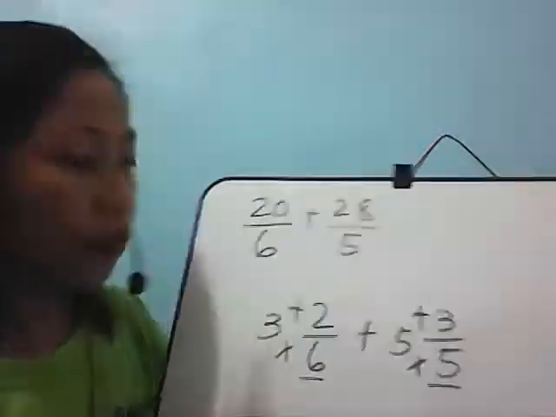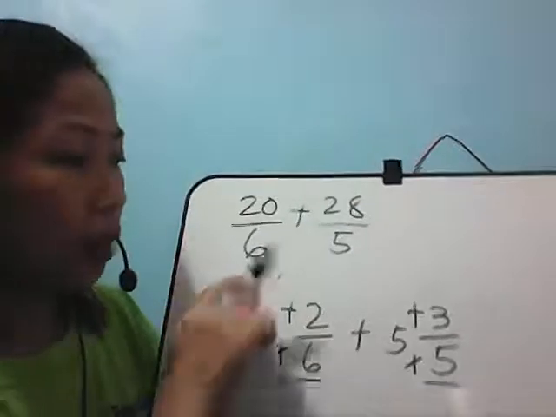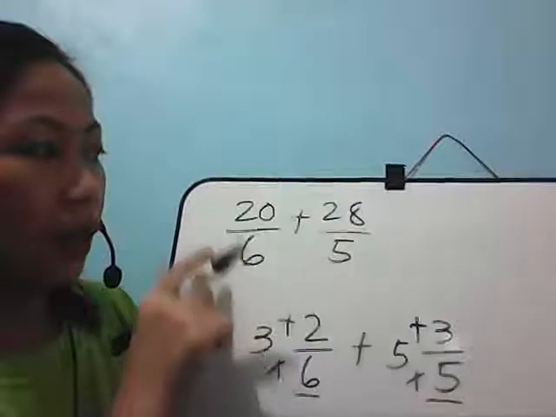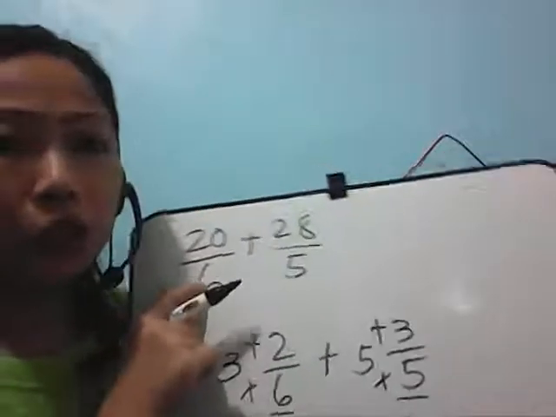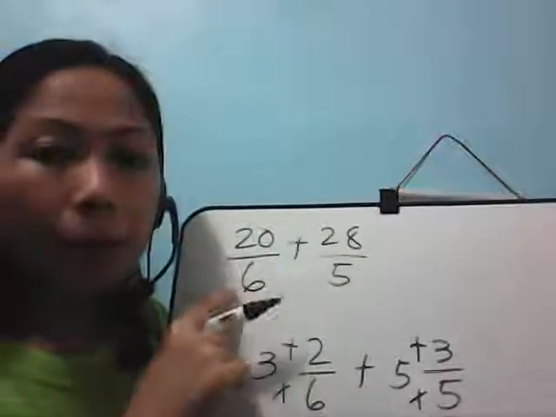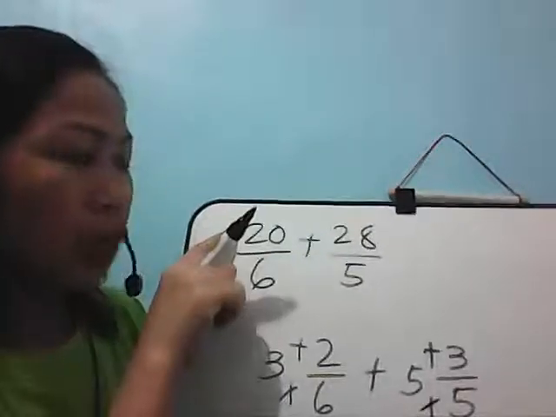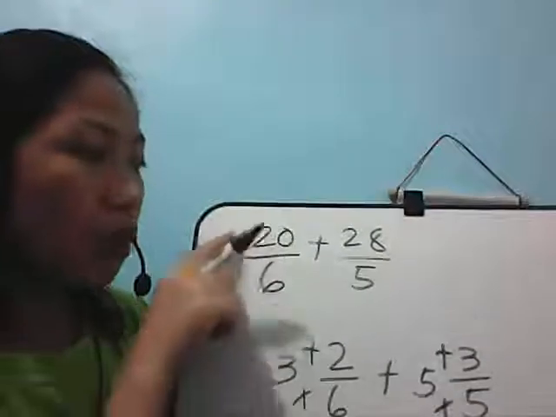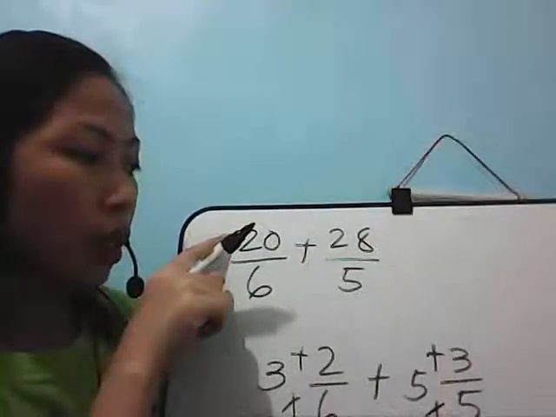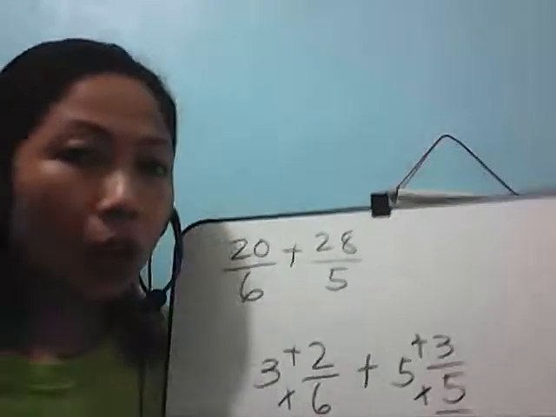Since we have unlike denominators now, look, this fraction we call an improper fraction. Why? Because 20 over 6, mas malaki ang numerator kaysa denominator.